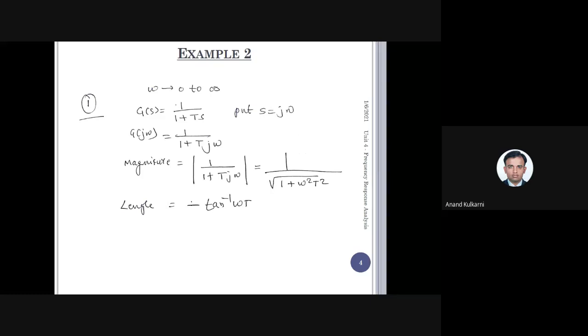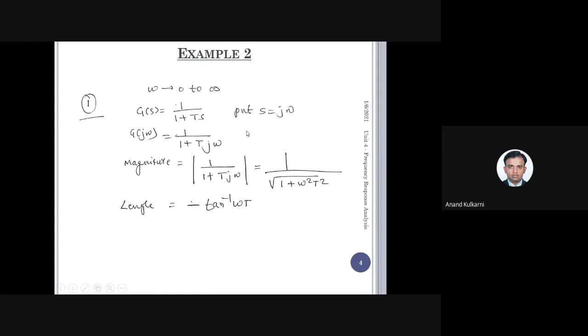So first in polar plot, what you have to do is wherever s is there, replace it by j omega. So g of s is replaced by g of j omega.